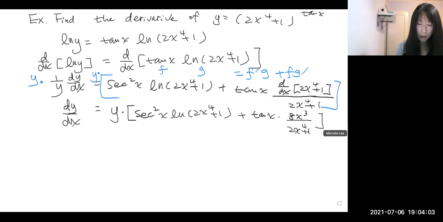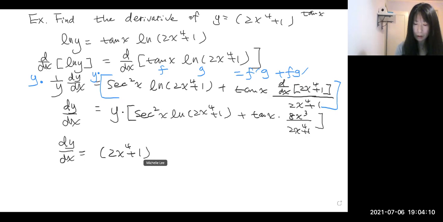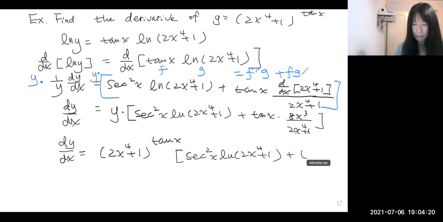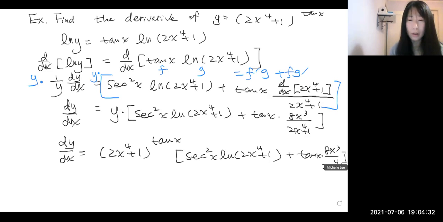What was the y? Looking at the original problem, y equal to 2x to the 4th power plus 1 to the 10x. Then everything is ditto. Okay, we are done. Let me erase.